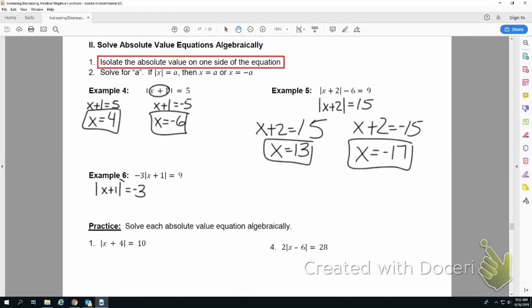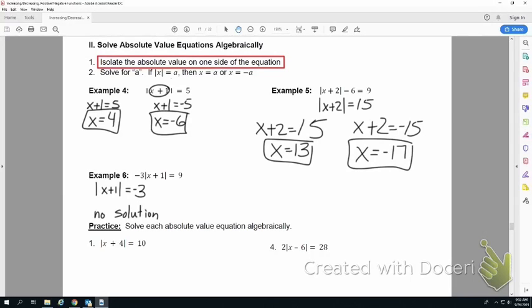So anytime you have this where the absolute value is equal to a negative number, right there, that makes it no solution, because absolute value makes everything positive. The answer to any absolute value is positive. So you need to look for this. Don't just blindly go through the process, because the process is pretty simple, and just not pay attention to this one little part. All right, you should be looking for it, because if you get a negative, you're done with the problem.